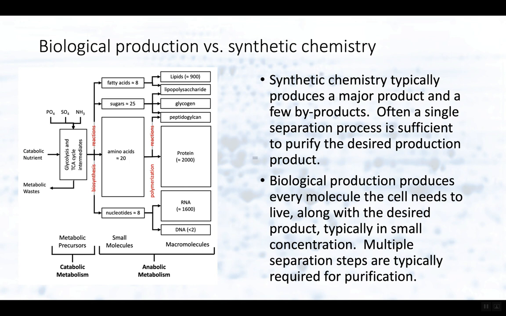And even in that class, if we consider, for example, protein a class or amino acid a class, then how do we separate the very, very chemically similar molecules from one another within that class? So there's a lot of things that we have to consider in biological production that we don't have any concern about in synthetic chemistry. And that's where the challenge of bioseparations comes in.